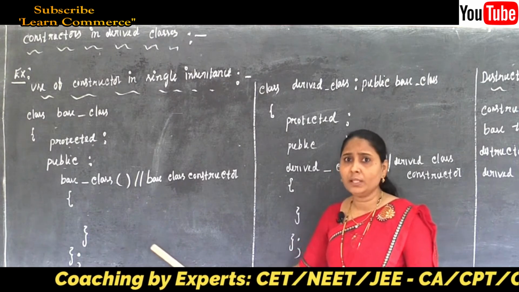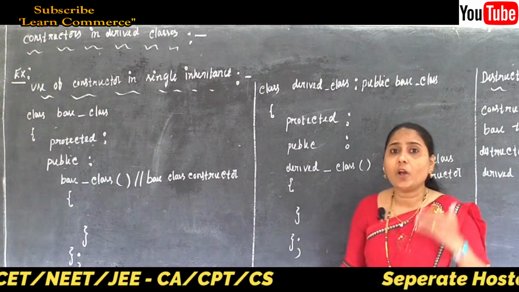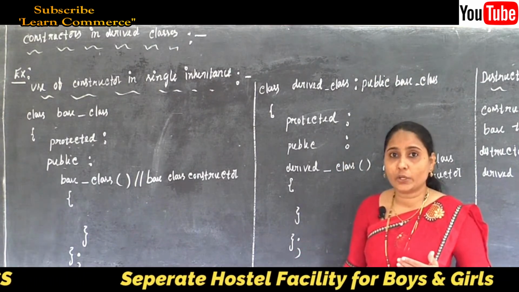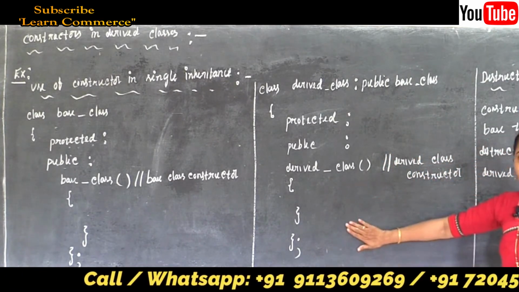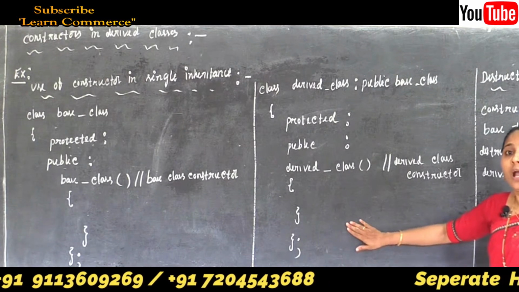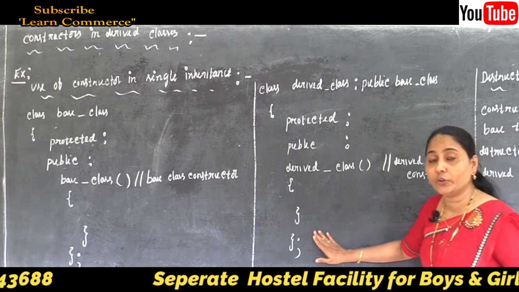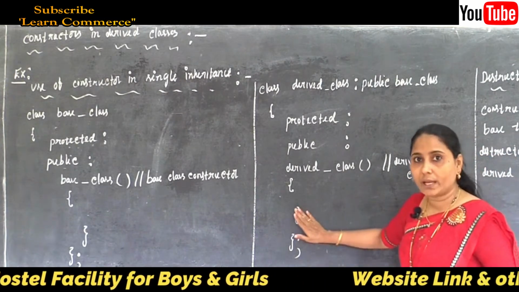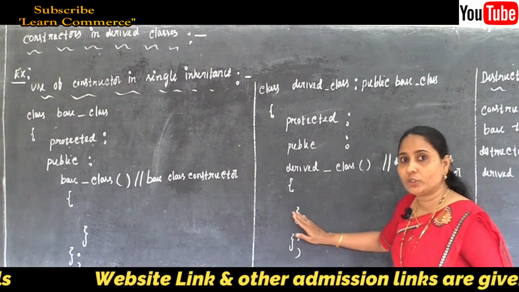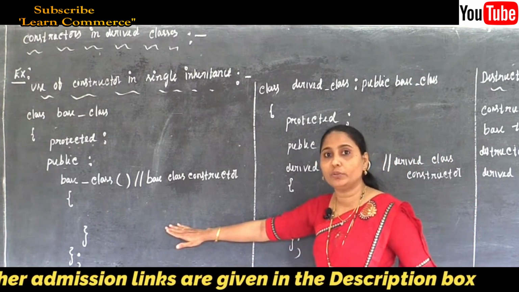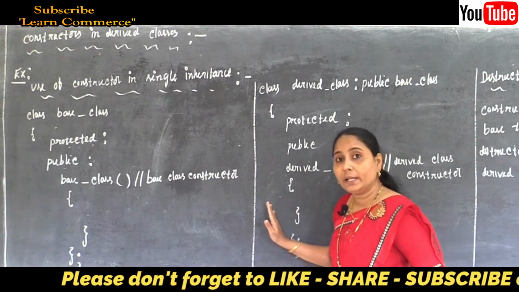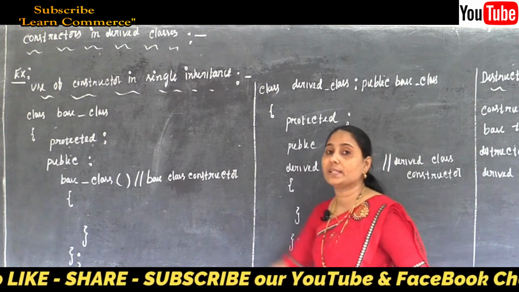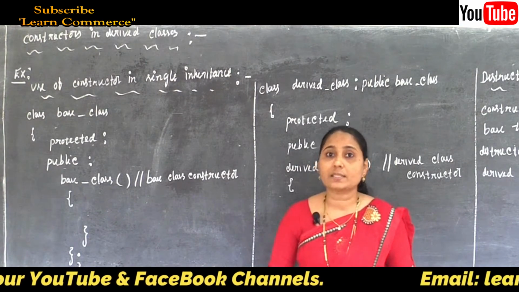The base class constructors are executed in the order in which they are declared in the derived class. The way we declare them in the derived class is the way the values are passed one by one to the base class constructors.